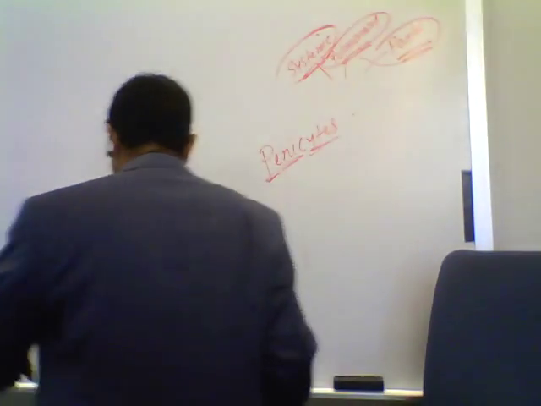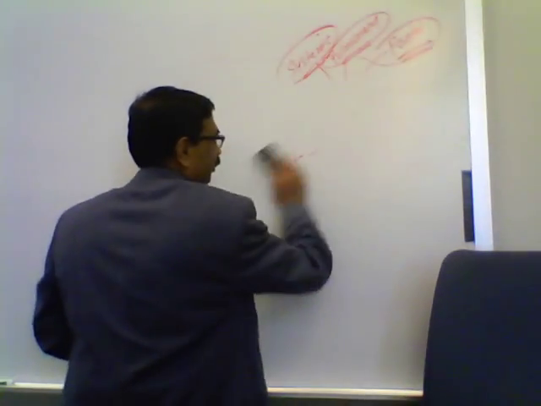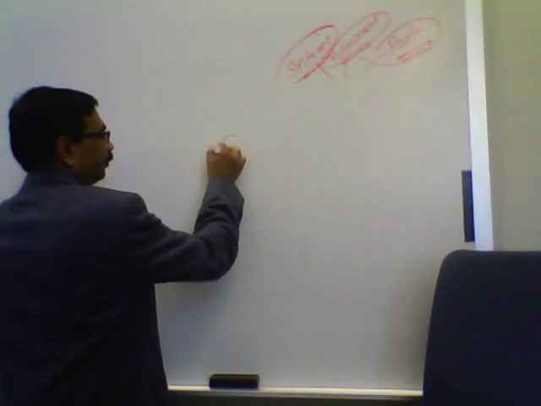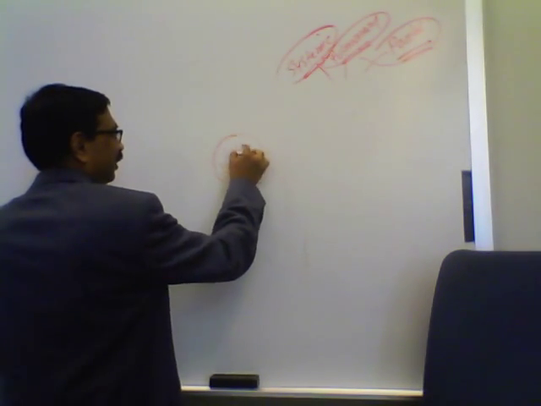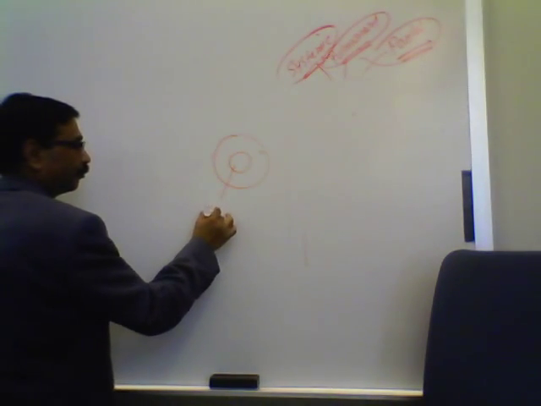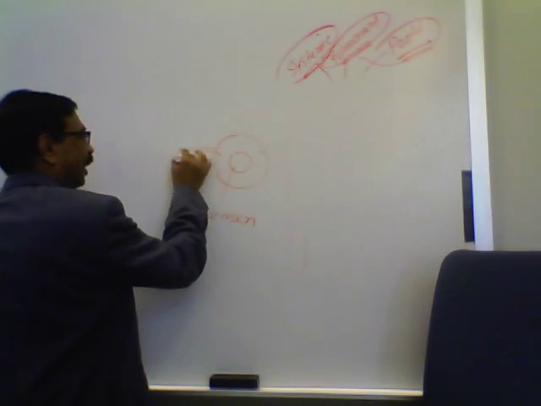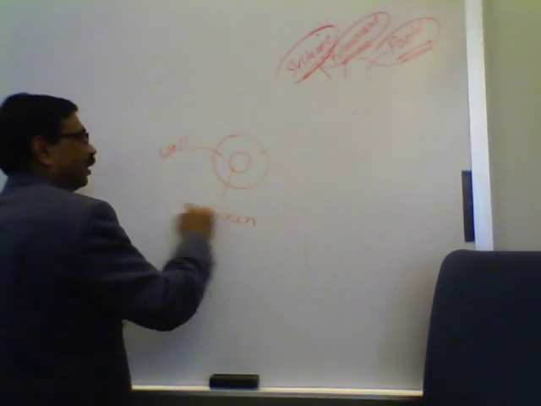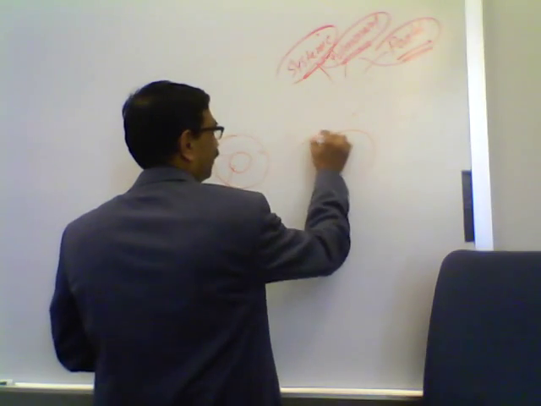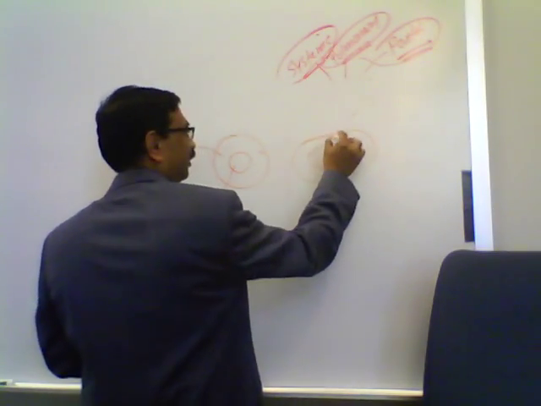So the artery, this is the artery, this is the lumen, this is the wall. And this is a vein, this is the lumen, this is the wall.